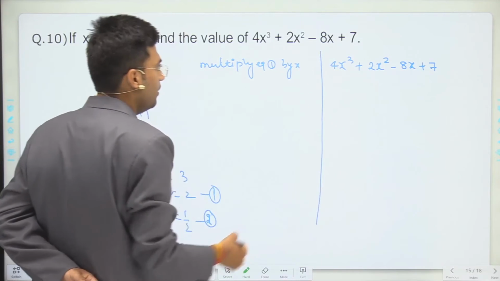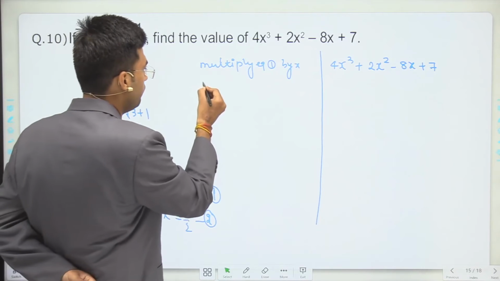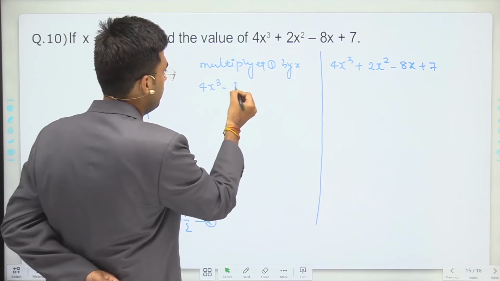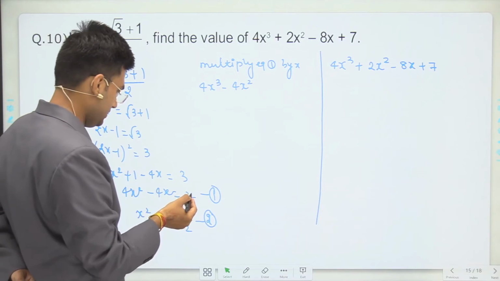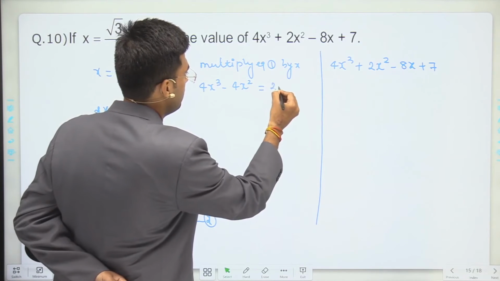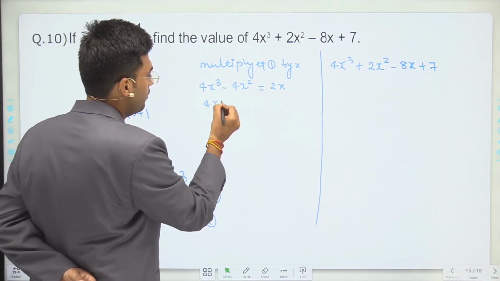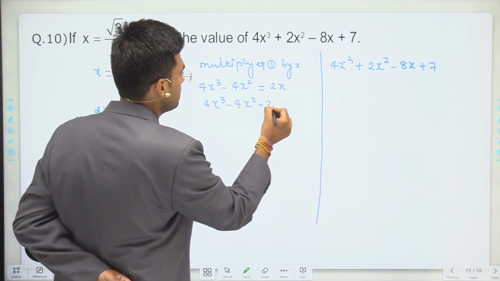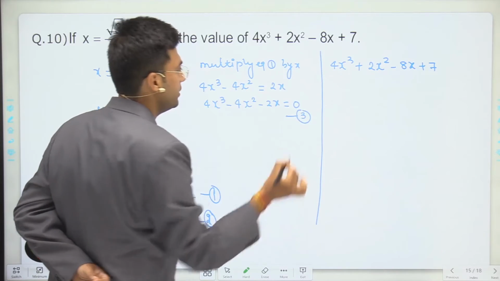When we multiply equation 1 by x, we will get 4x cube minus 4x square minus 2x equals to 0. Let this equation be 3.